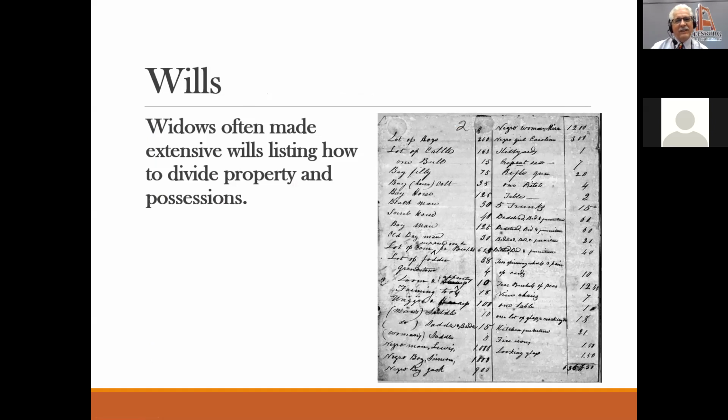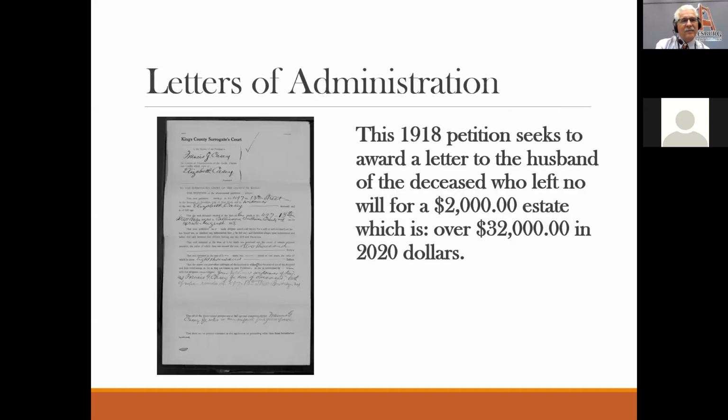But if they inherited quite a bit, they could actually have these extensive lists of all of their holdings. They had all things like spinning wheels, kitchen things, horses, cows. So you could really get a good picture of an early ancestor's life.